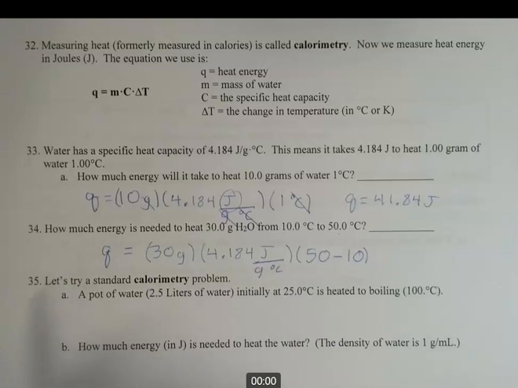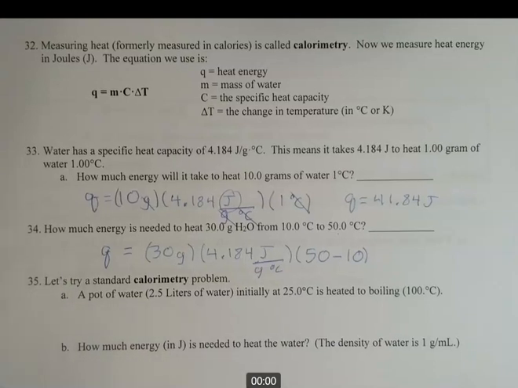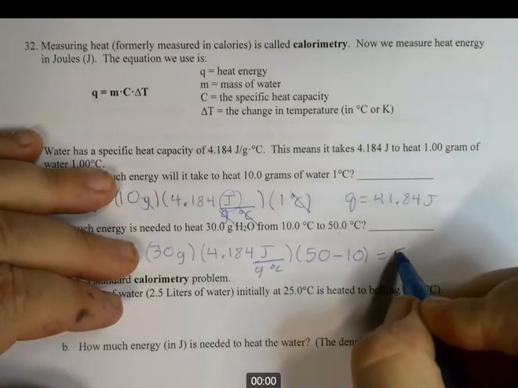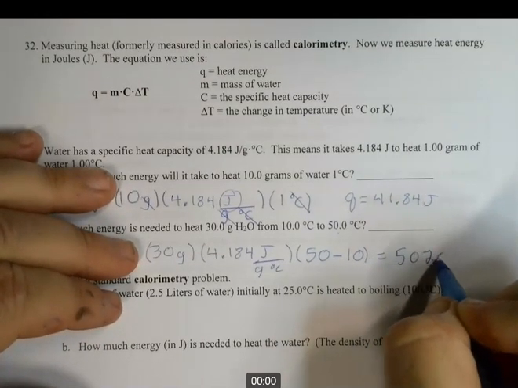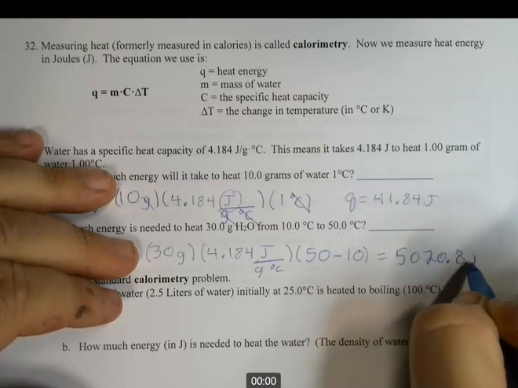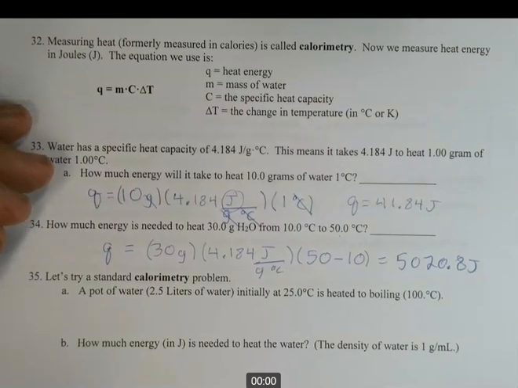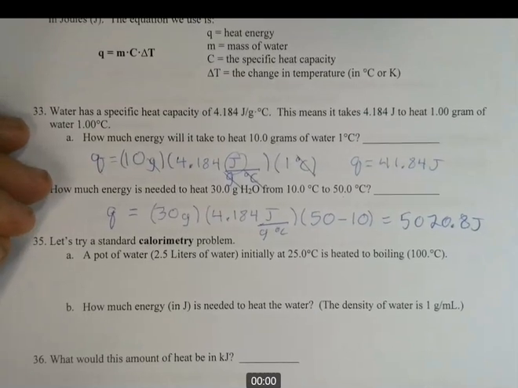All right, so that's going to be 30 times 4.184 times 50 minus 10, which is 40. And that gives us 5,020.8. So that's going to equal 5,020.8 joules of energy. All right.